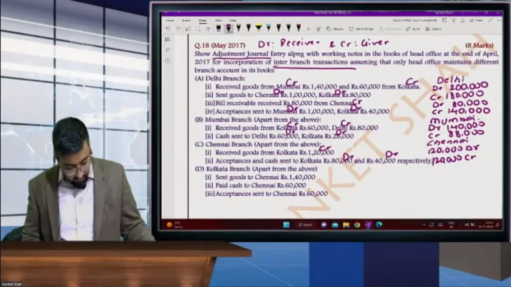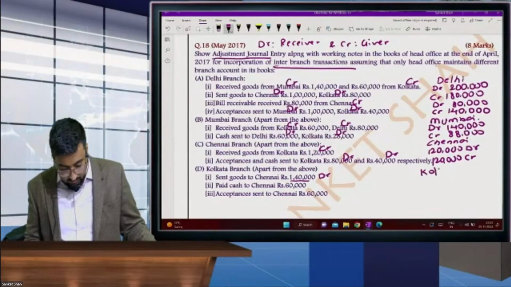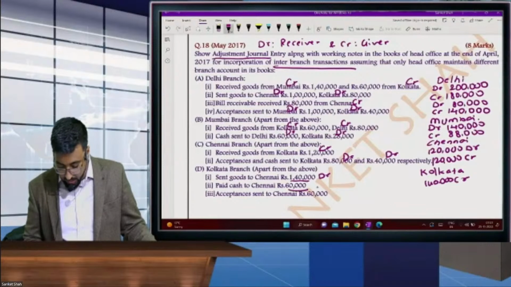And last one, Kolkata sends goods to Chennai. Chennai is giver or receiver? Send goods. So Chennai is receiver, sorry, and Kolkata is giver. So 1,40,000 credit. Paid to Chennai 60,000. So Chennai is receiver.